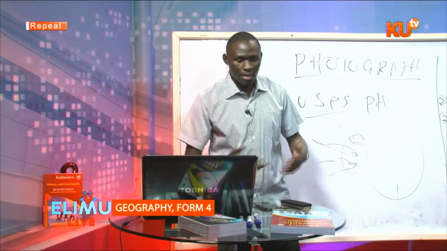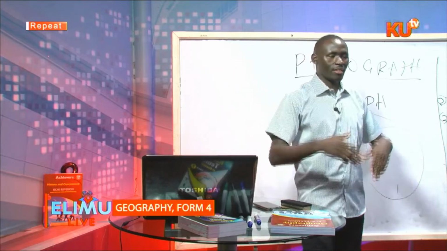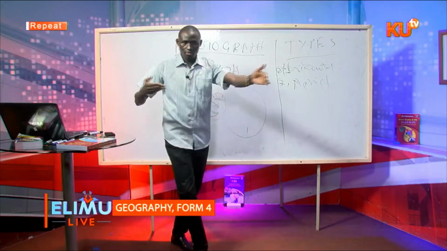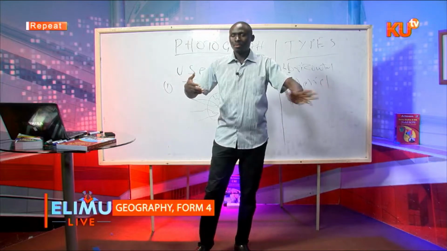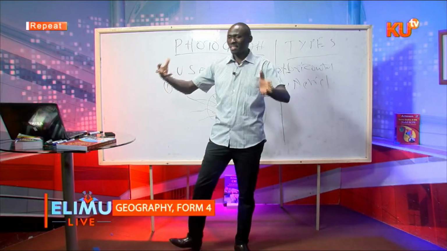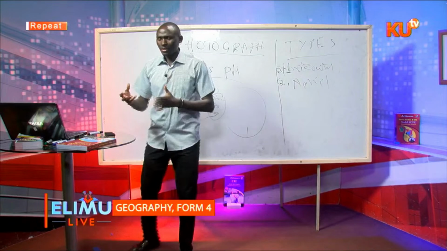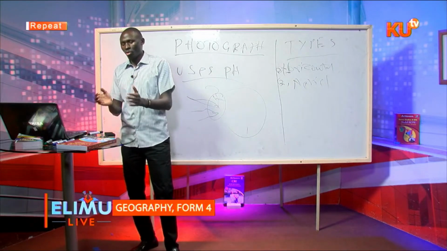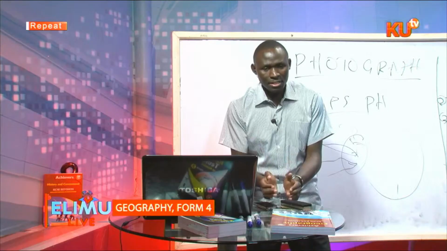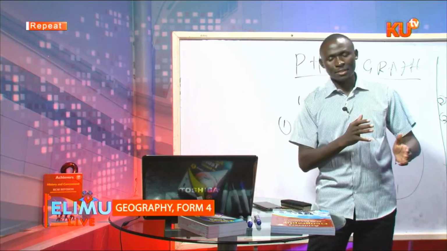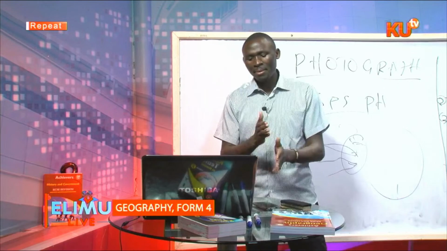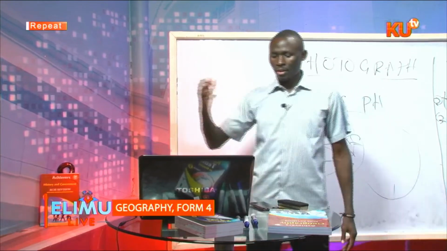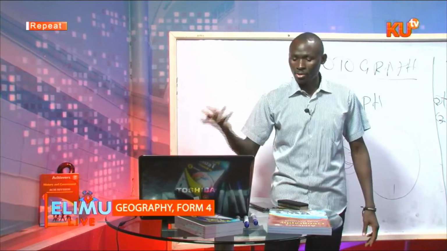For example, the rapids, when a river is still at the youthful stage, because it's a process of formation of the drainage system. When you're talking about the river, the drainage system, we normally follow some kind of growth from the lowest part to maturity. So when it's still at the youthful stage, we experience things like rapids, the waterfalls, the interlocking spurs.